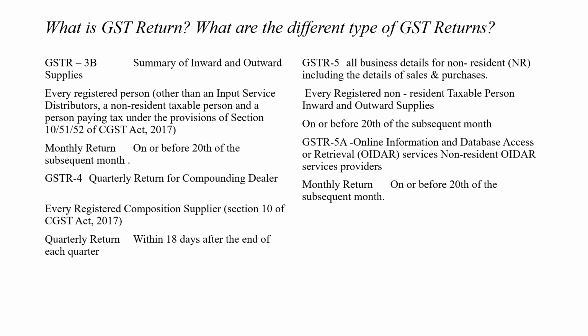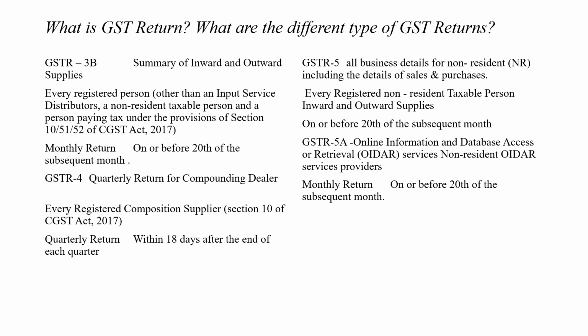Now come to the next form, GSTR 5A, Online Information and Database Access or Retrieval, that is called OIDAR services, non-resident OIDAR services provider, monthly return on or before the 20th of the subsequent month must be filed.